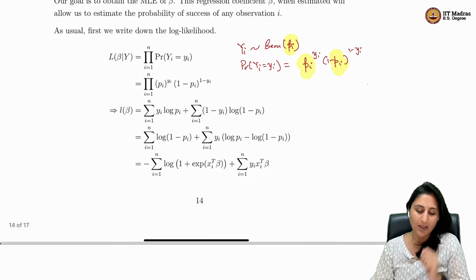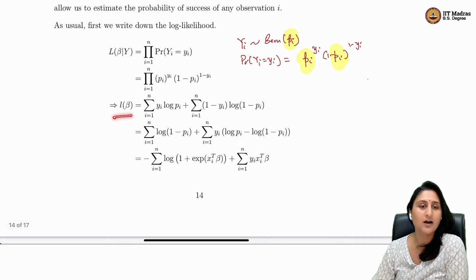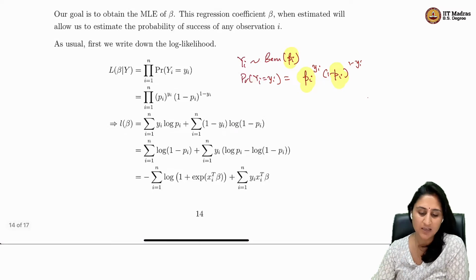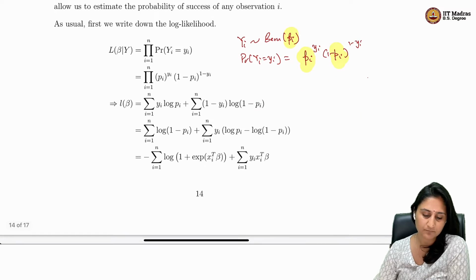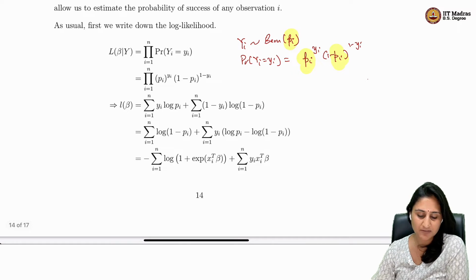At which point I take the log of this likelihood, and taking the log makes life easier. Now notice I'm not going to substitute what pi is just yet. Even though I know pi takes this ratio, I'm going to wait. So this now becomes the summation, i going from 1 to n, of yi log pi, plus the summation, i going from 1 to n, of 1 minus yi times log of 1 minus pi.